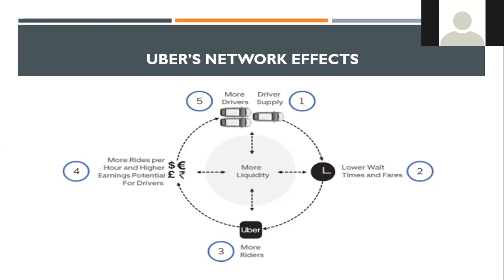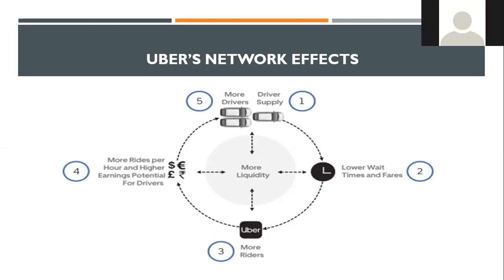Now, with this network effect, riders are worried about the amount of vehicles that are there because they want lower wait times and they always want an Uber available when they need it. Drivers are worried about having enough riders so that they're not spending time doing nothing.